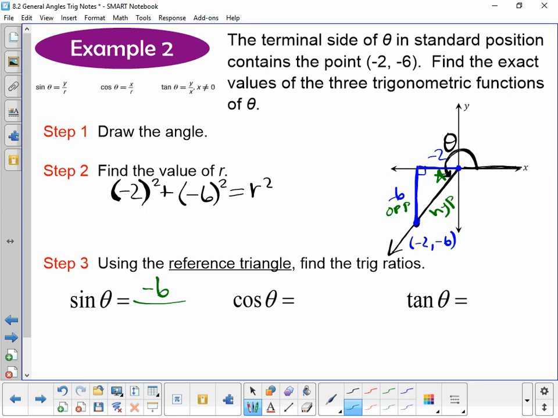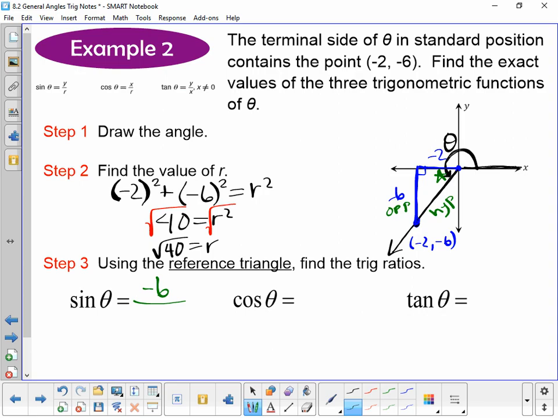Well, if I calculate (-2) squared plus (-6) squared, that's equal to 40. Well, if r squared is 40, I can take the square root of both sides of that equation to find out that r is equal to the square root of 40.